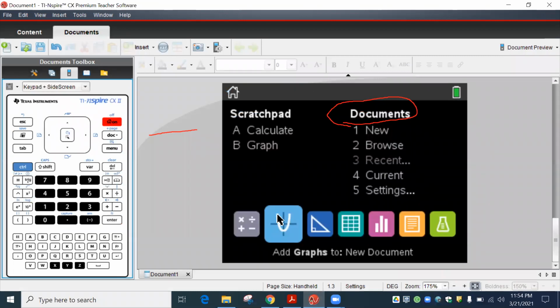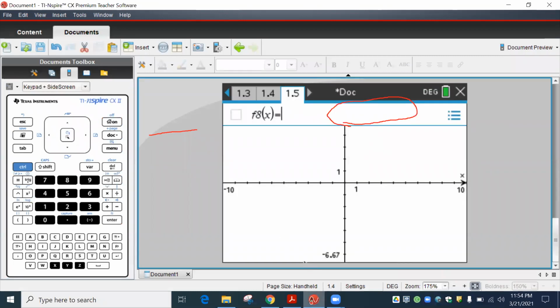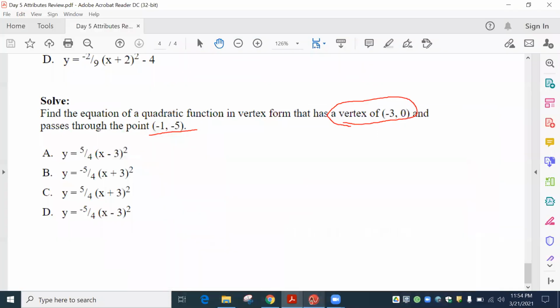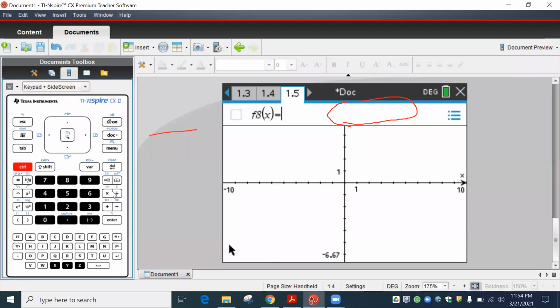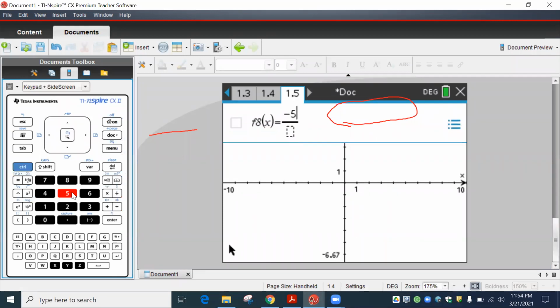I'm tired. All right, so we're going to type this in. I'm typing in B, which is -5/4, parentheses. I think I was saying x + 3 squared. And there wasn't anything for the y.